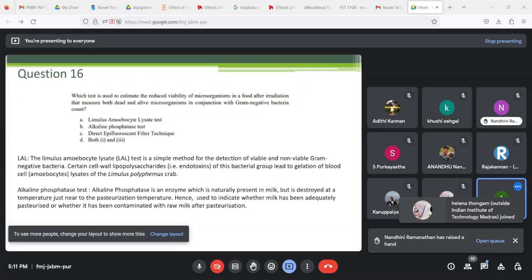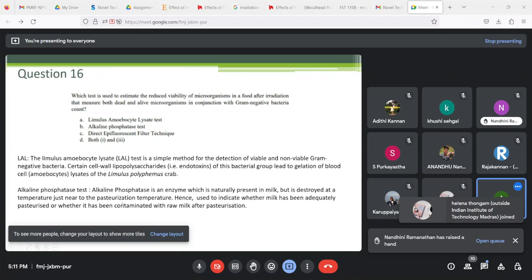Whereas alkaline phosphatase is an enzyme that is originally present in milk. But when you increase the temperature, like in pasteurization, when you're dealing with very high temperatures, this enzyme is denatured. So the enzyme is no longer active. So if your milk is properly pasteurized, this enzyme will not be active.